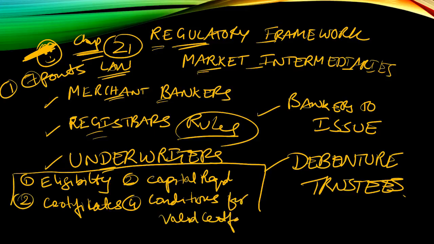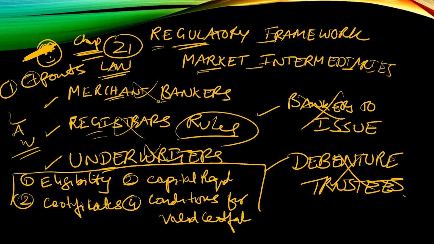That means if you don't follow these conditions, you will lose your status as bankers to the issue, debenture trustee, registrar to the issue, merchant bankers, etc. So this chapter is very easy, because though it is a regulatory framework and a lot of law is involved, we are studying the eligibility, the capital requirement, etc. And it is easy to remember. So please keep this in mind before you study chapter number 21.